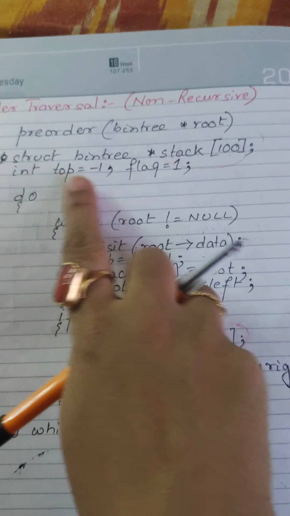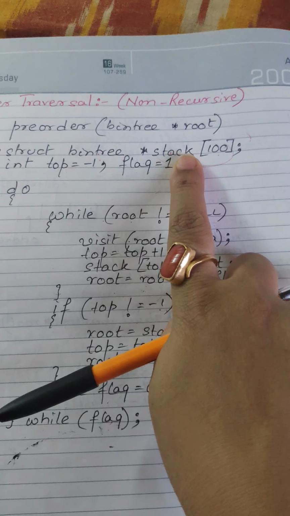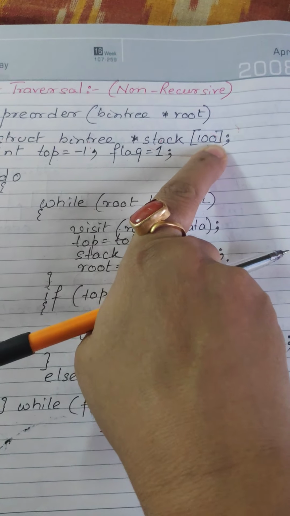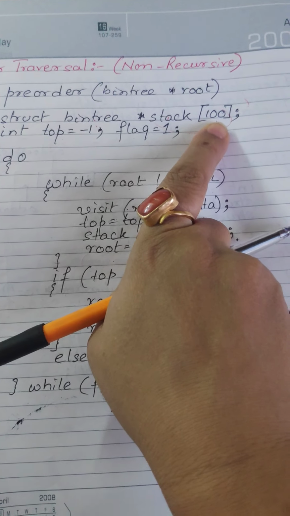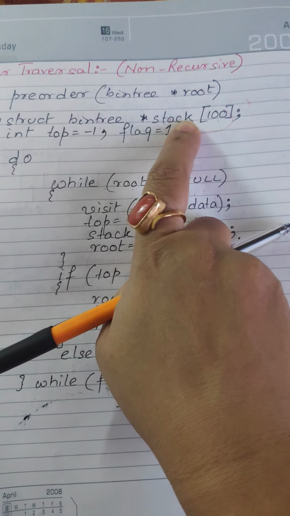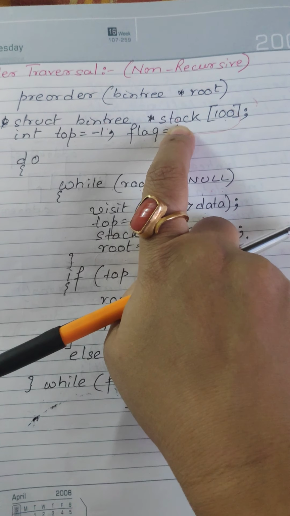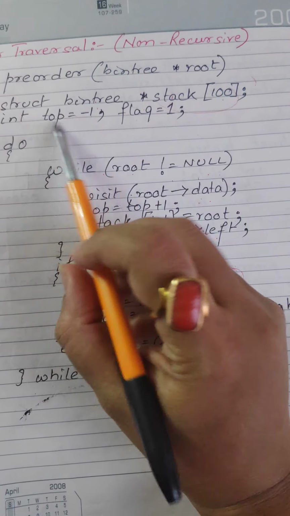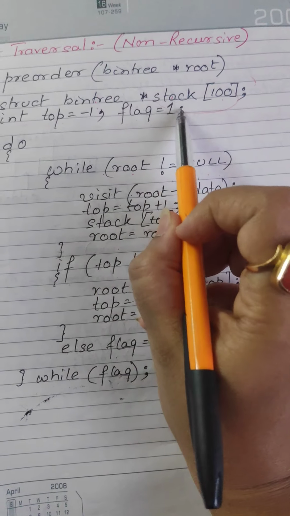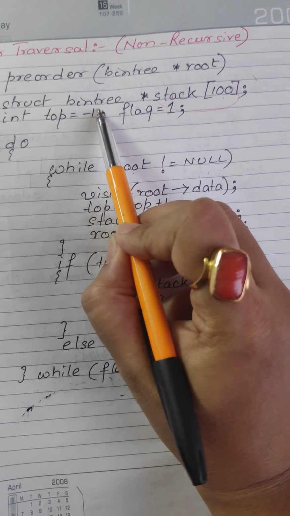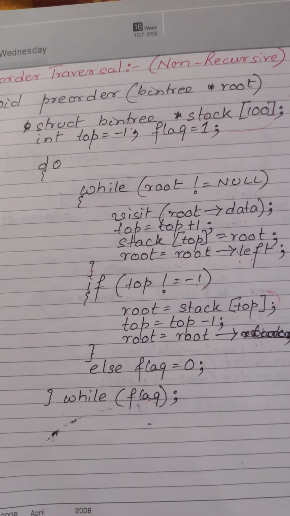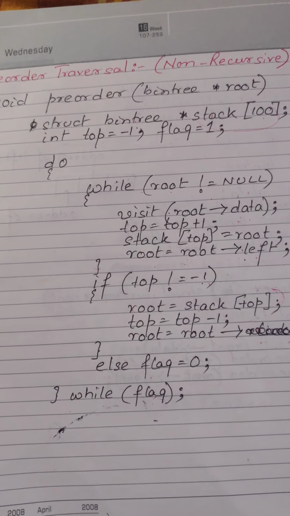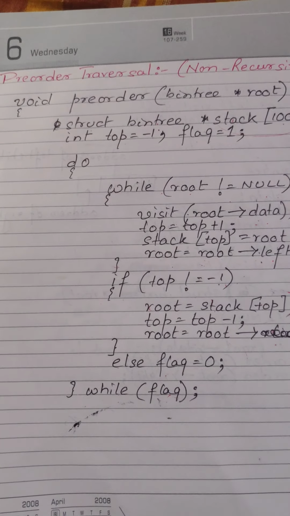Now in this algorithm, we have defined an array that is going to act as a stack. An array of 100 nodes that is going to act as a stack. So you see, we have defined the stack as the struct bin tree type. That means each element of the stack will represent one node of the binary tree.